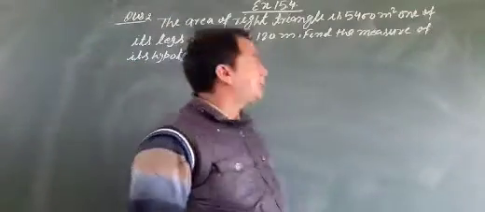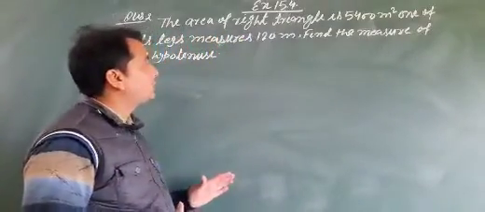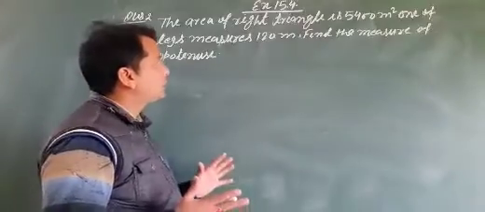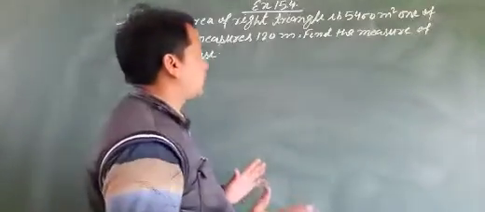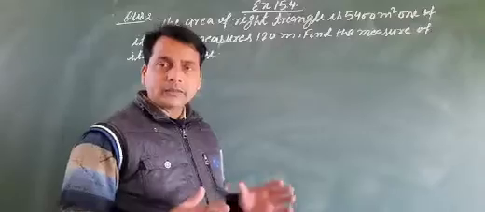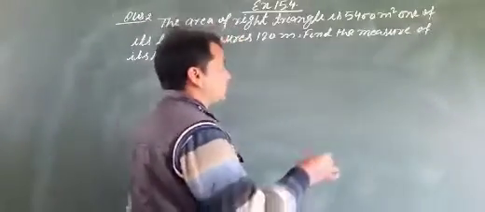So it is clear that the triangle is a right triangle, and its area is given, 5400.